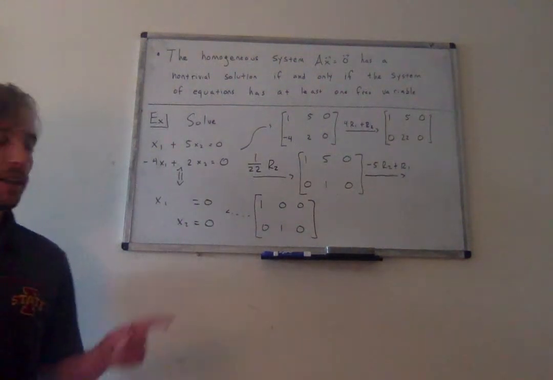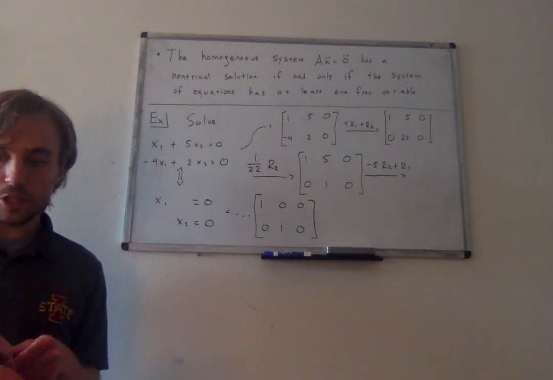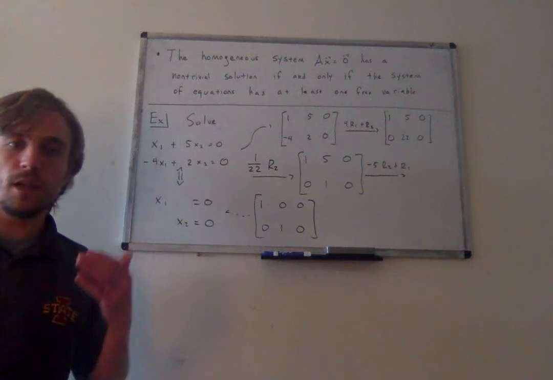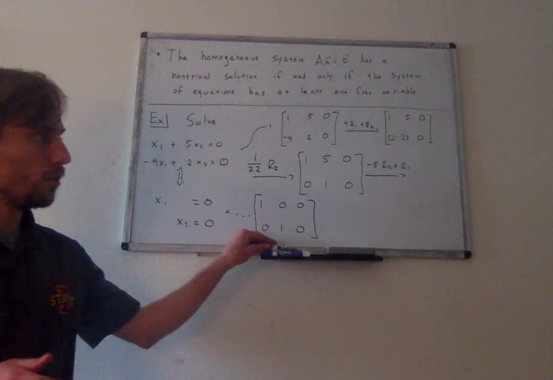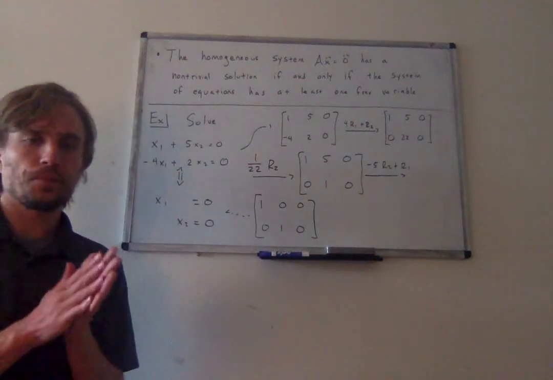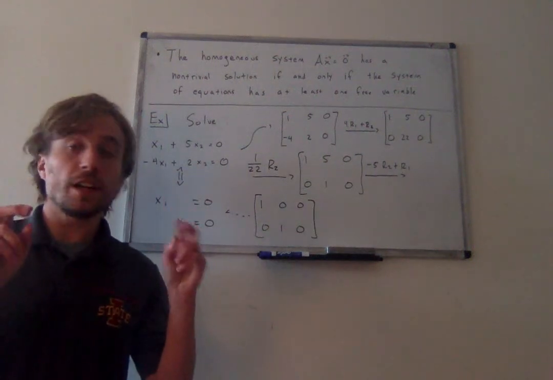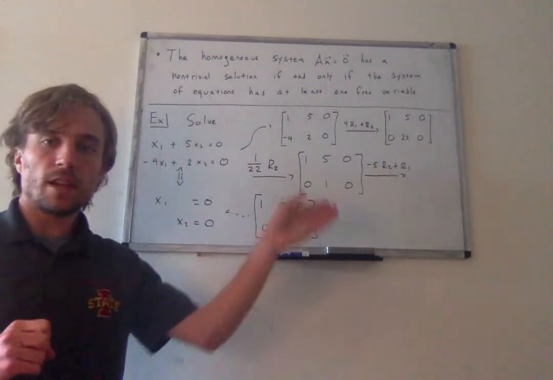And so notice that here I have no free variable, right? That means in my row-reduced echelon form matrix, all of my variables correspond to leading ones. But remember, when we discussed how to interpret reduced row echelon form matrices, a leading one corresponds to that variable being sort of fixed in place by this last column.